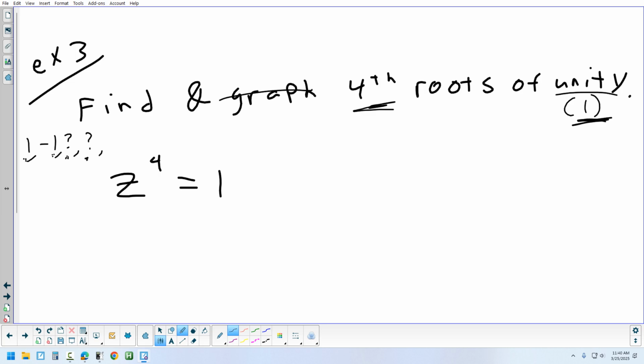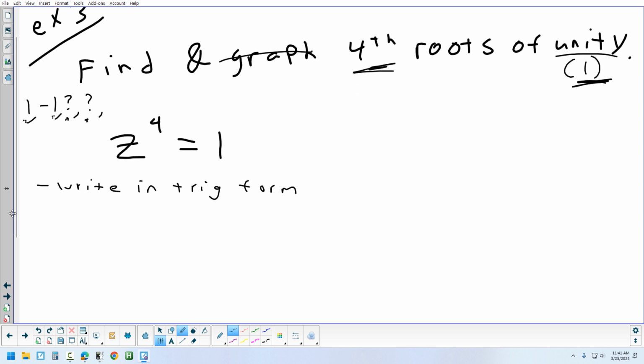All right, so the first thing we have to do is write in trig form both the left-hand side and the right-hand side. The left-hand side is easy. z is unknown. We don't know what z is.